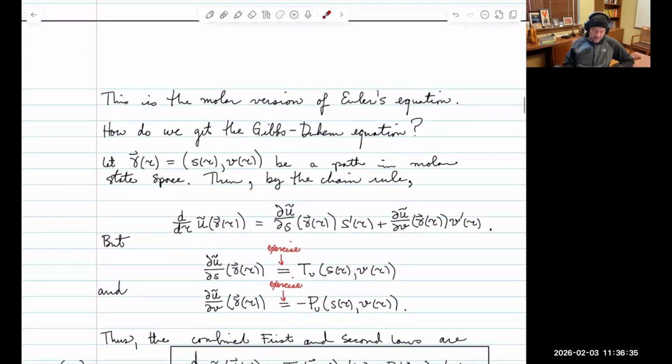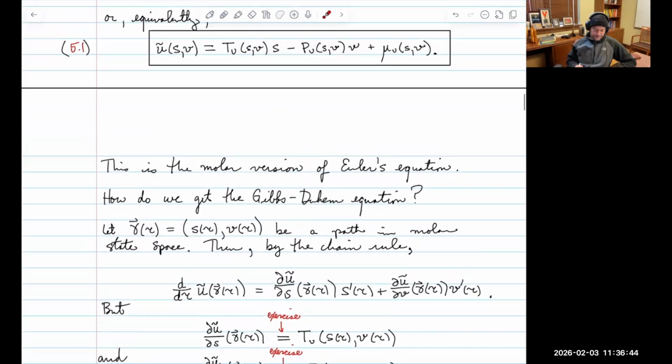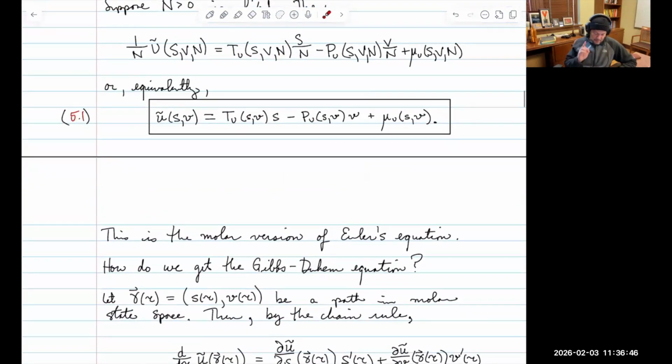How do we get the Gibbs-Duhem equation? Remember the process for getting Gibbs-Duhem. We formulate Euler's equation. Then we take the derivative of both sides of the Euler equation.